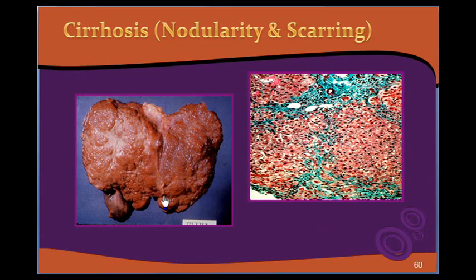You see the liver has shrunk, the size of the liver has reduced, and the weight of the liver also comes down. There is tremendous fibrosis, nodularity, and you can see irregular nodularity of the liver, diffuse. Some nodules are big, some nodules are small, and this liver is a shrunken cirrhotic liver.